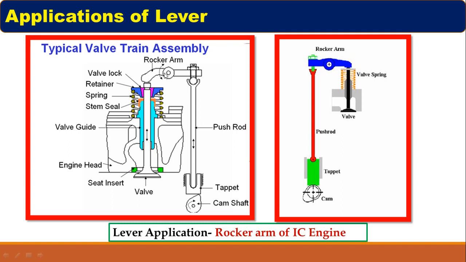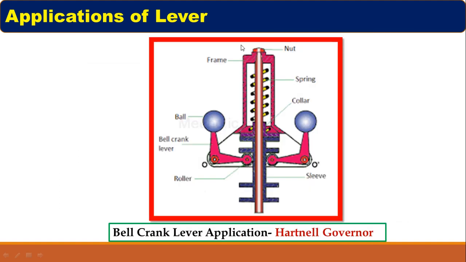Thus this is the application of type 1 lever. Now consider the third application, Hartnell governor. In this Hartnell governor, the bell crank lever is used. The effort arm and load arm have an angle of 90 degrees between them, and thus it is called a right angled bell crank lever.